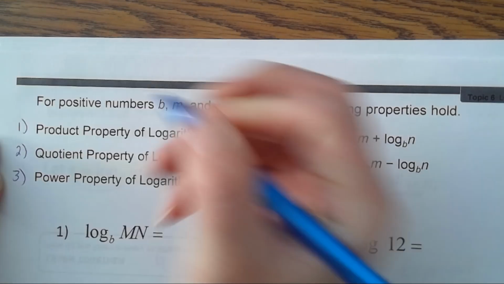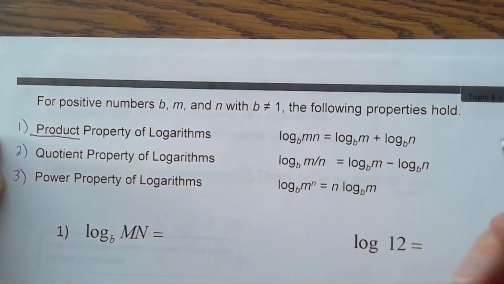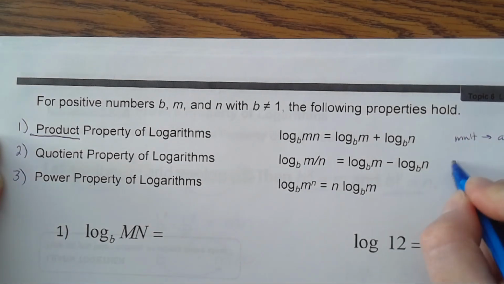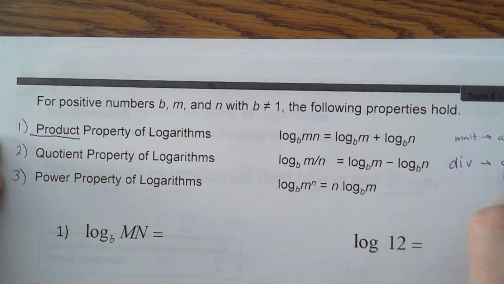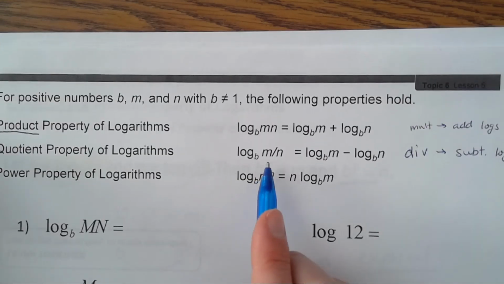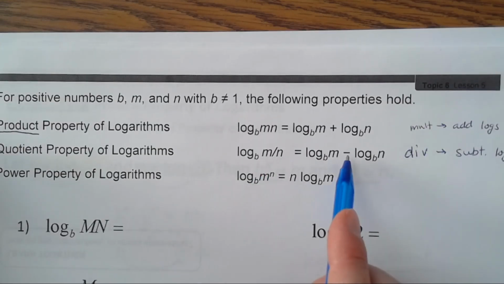But I want you to think product, so we're multiplying. So when we multiply, we add our logs. When we divide, we subtract, because that would be dividing, right, two things with the same base, we subtract our exponents.